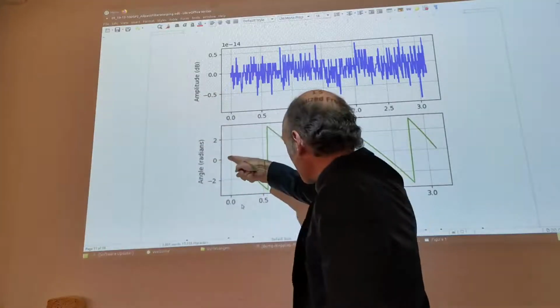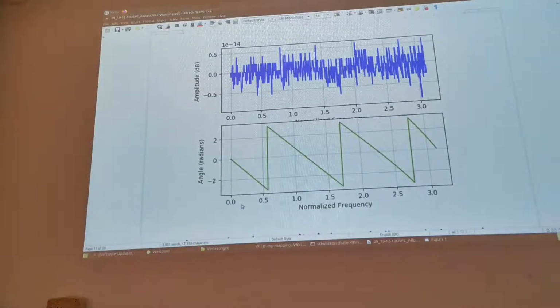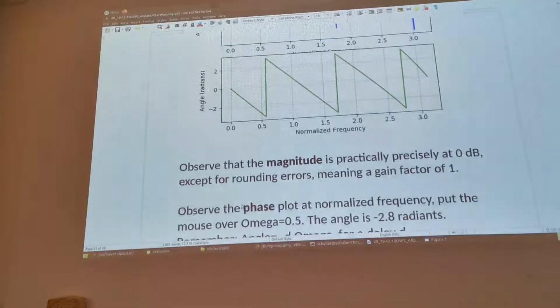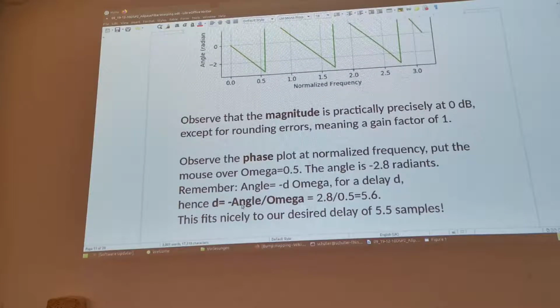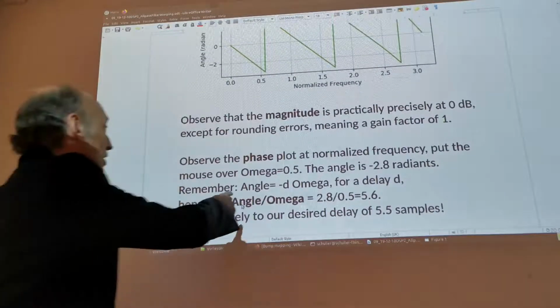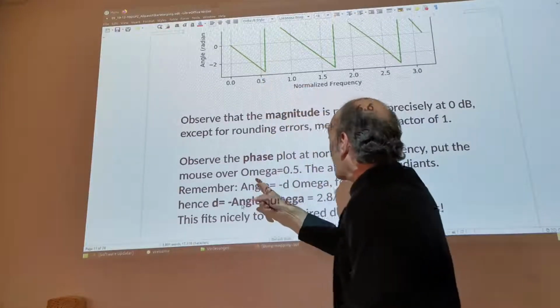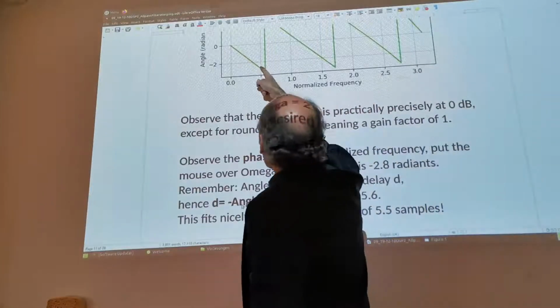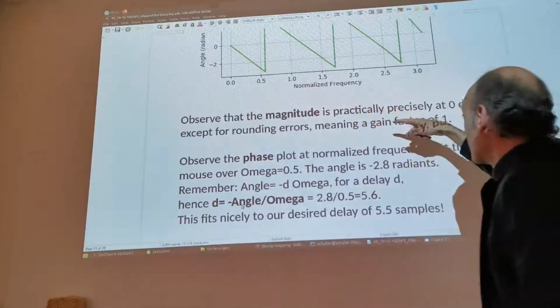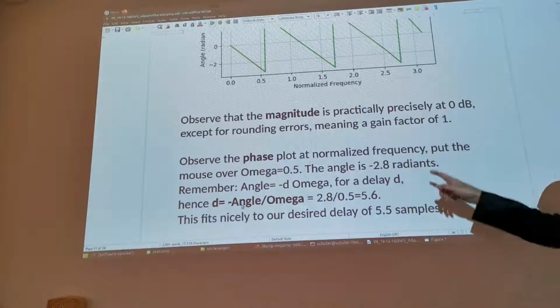Right. So take this piece here, and I actually did that before. So I go to omega equals 0.5, again a point which is easy to spot, right? So x is 0.5, and for the y, I hover with the mouse above it and I get minus 2.8 radians, right?